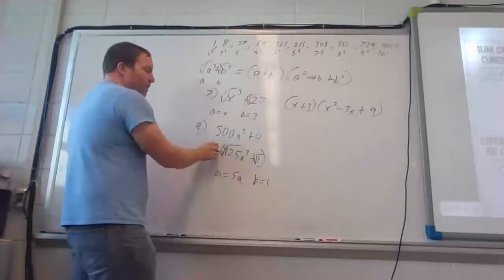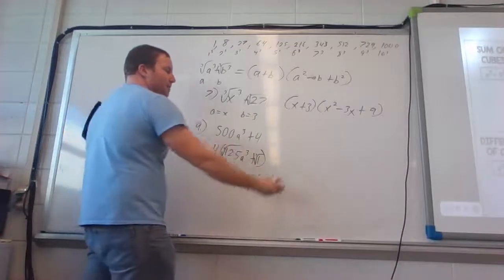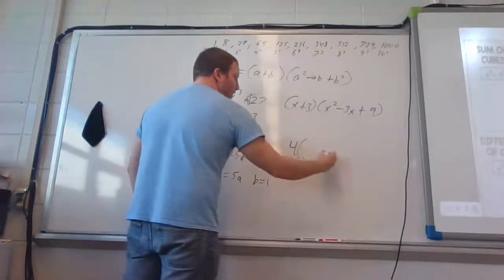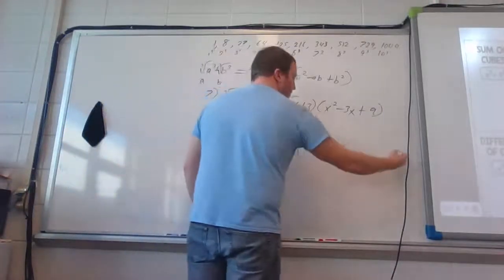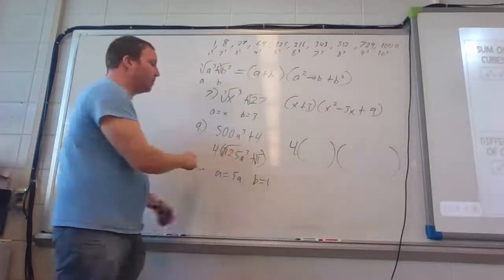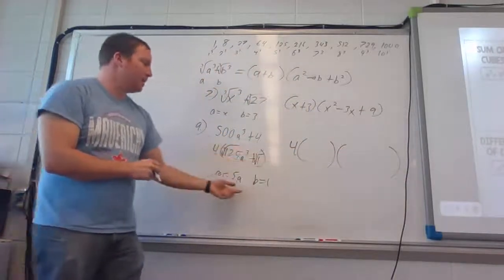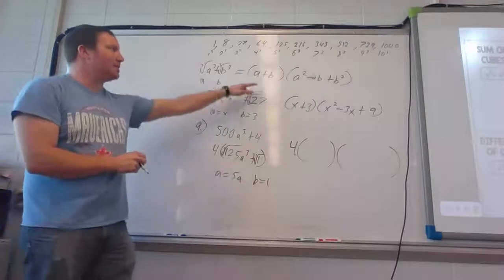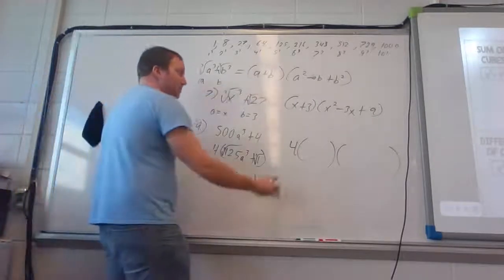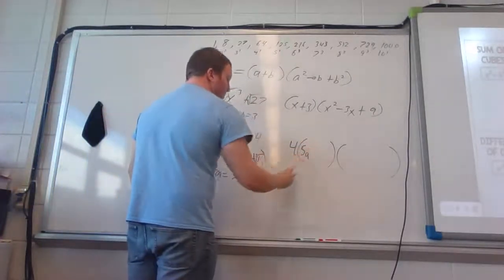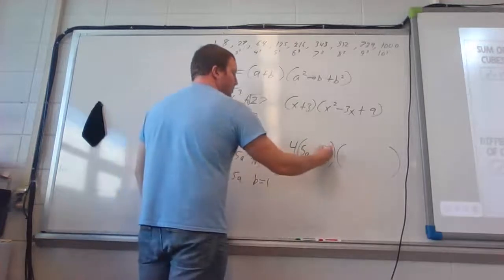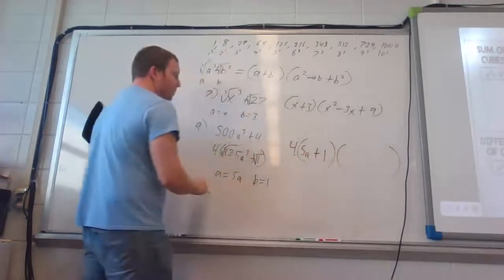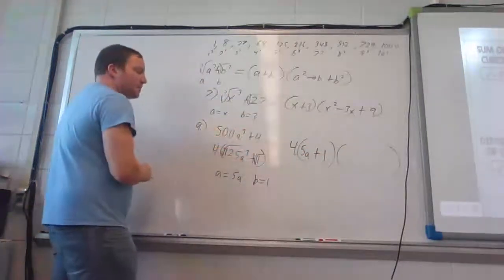Our 4 that we took out, our GCF, we're just going to keep that and put it in front of the rest of our formula. So that 4 stays out front. Then we're going to use 5a as my a, so 5a plus b, or plus 1, because we have addition.